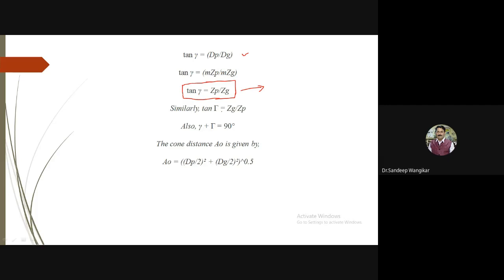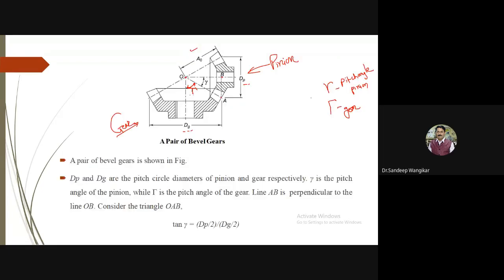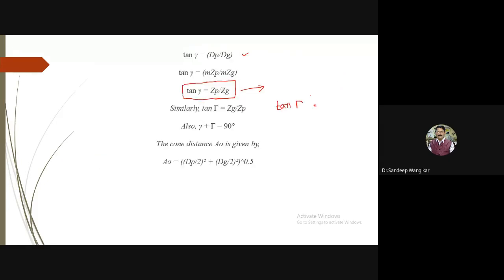Very important. Now similarly, if we go to the other side, tan of the larger gamma becomes dg by 2 divided by dp by 2. So dg by dp, mzg by mzp, ultimately you will get tan of larger gamma is equal to zg by zp, exactly opposite.